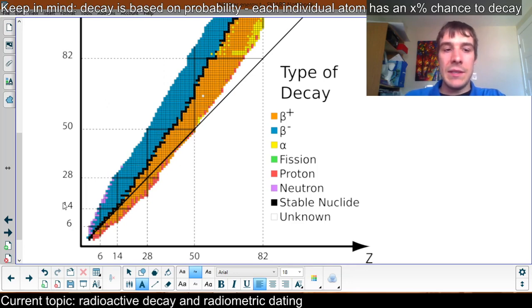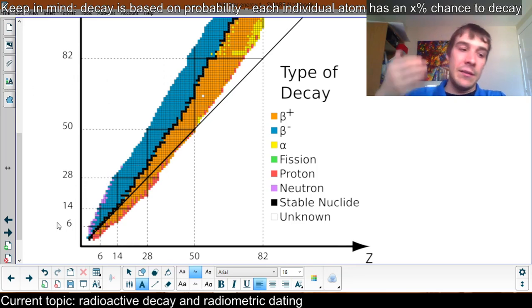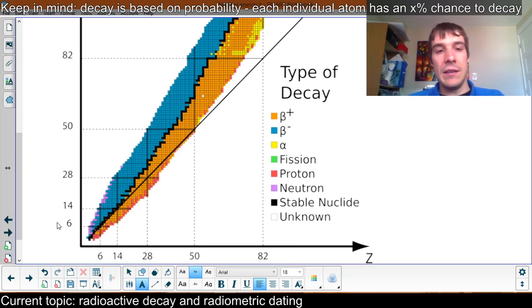You see these numbers, 6, 14, 28, 50, and 82. Those are called the magic numbers. That's where there are particularly stable amounts of nucleons.